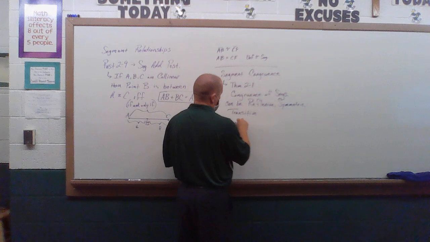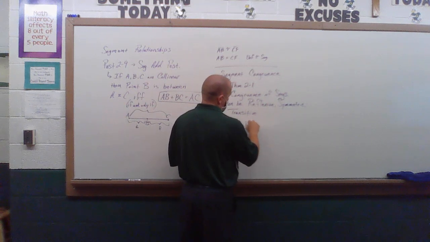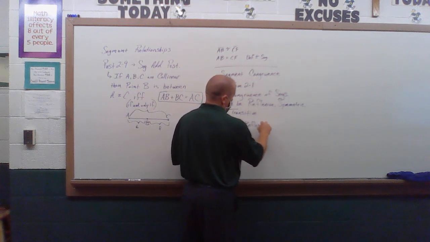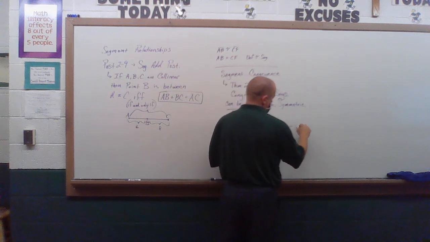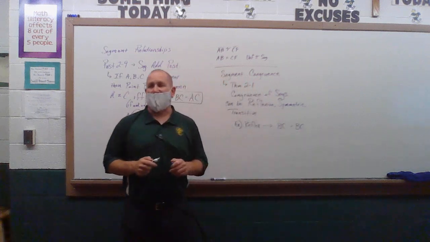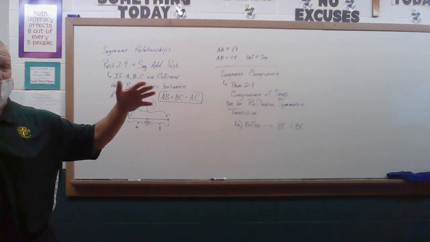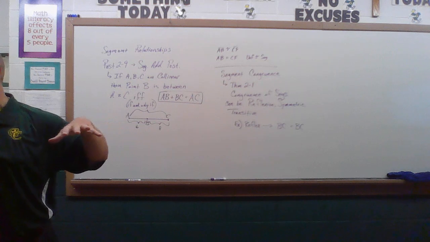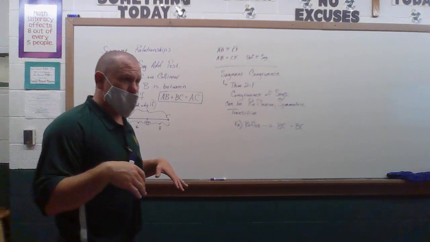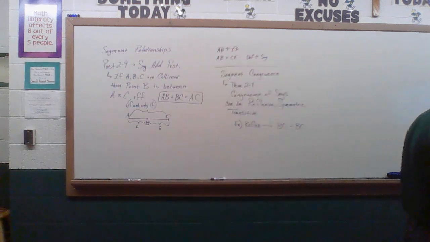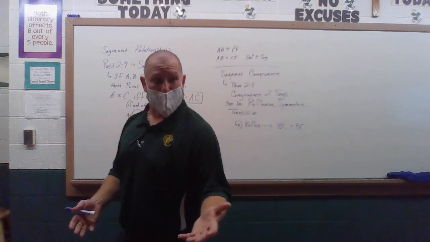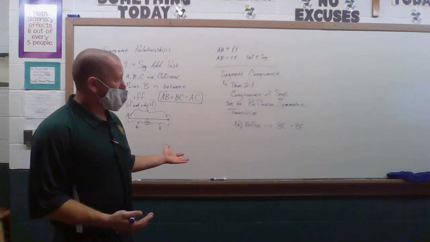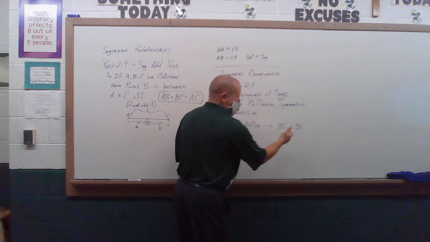So an example of reflexive would be something like BC is equal to BC. So basically they're saying that BC is in two different places, but obviously it's the same thing because it's called BC. So for instance, I told Cora that she plays on two teams, but she's still Cora. So we could say that Cora is equal to Cora on both of those teams. Right? But it's the exact same thing.